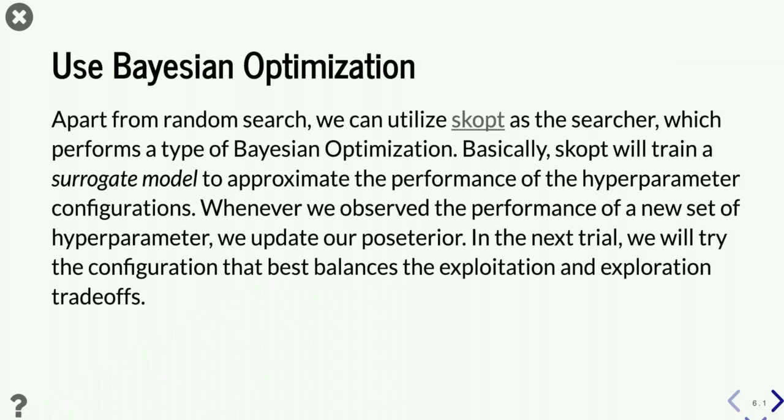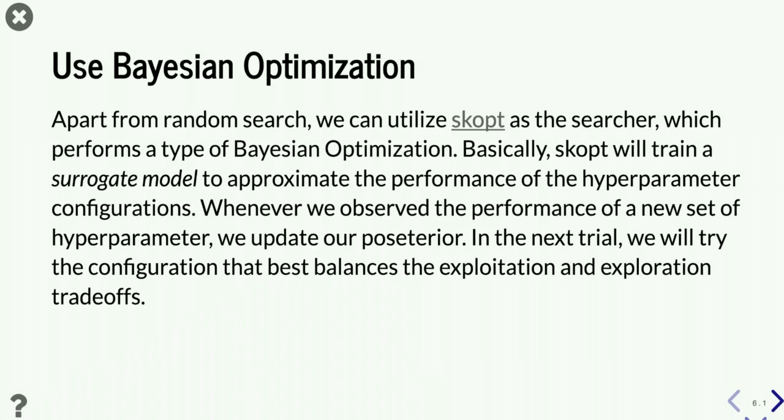Okay. Apart from random search, we can actually use Bayesian optimization in AutoGluon. Next, I will show how to utilize skopt as the searcher. Basically, the difference between Bayesian optimization and random search is that Bayesian optimization will train a surrogate model to approximate the performance of the hyperparameter configurations.